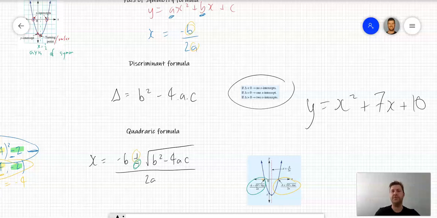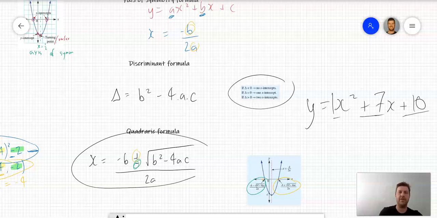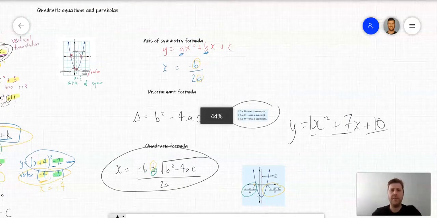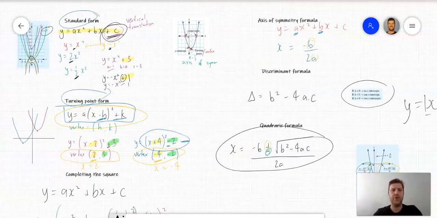We can substitute the values of a, which is 1, b, which is positive 7, and c, which is positive 10, into the quadratic formula to determine what my two x-intercepts are going to be. There will actually be 2 for this one. Or you can factorize it. But again, I'm not going to show you that in this video. I've got other videos up that will show you those things.